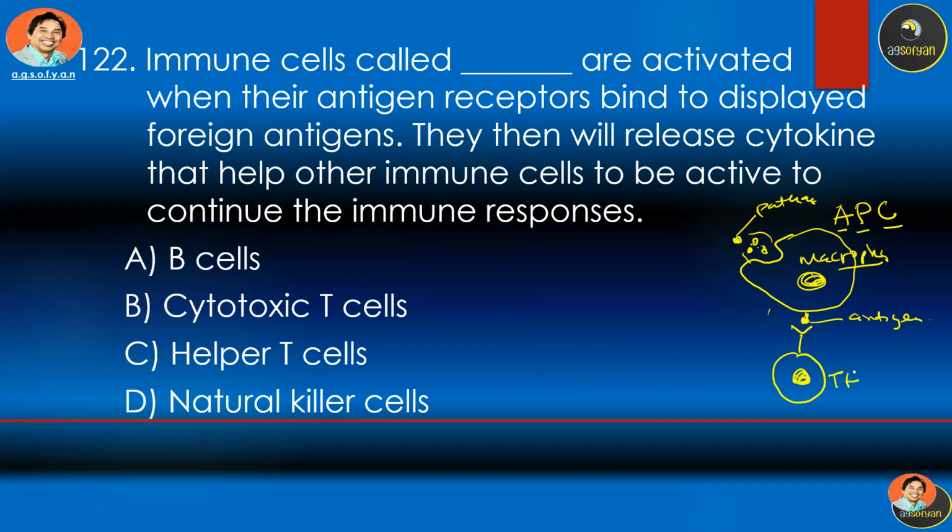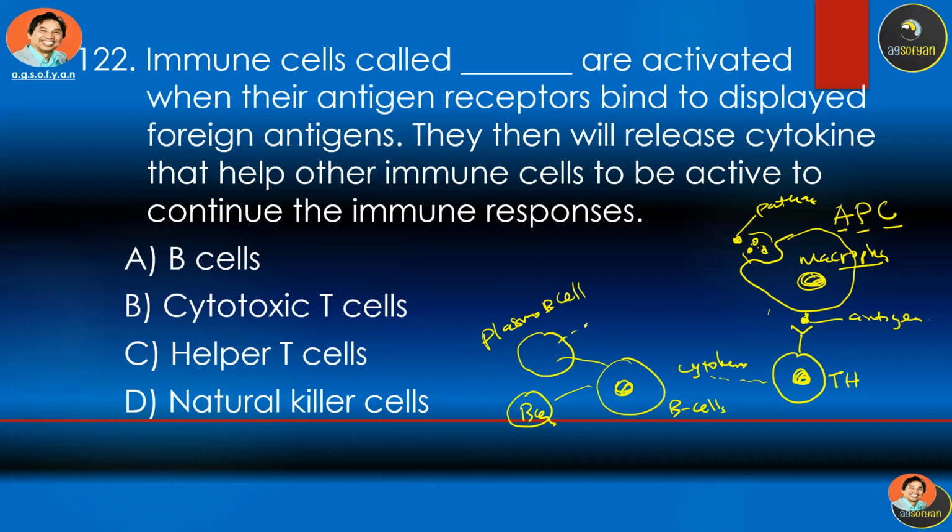which is the T helper. This T helper then produces cytokine to activate the B cell. When the B cell is activated, it will produce the B cell memory and plasma B cell. This plasma B cell then produces the antibody to kill this pathogen.